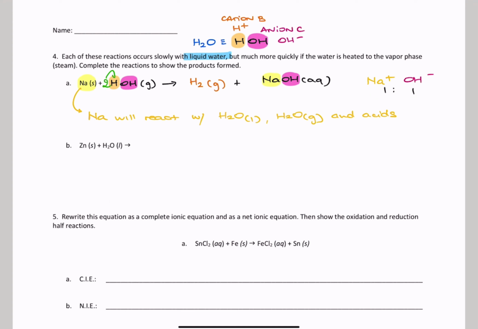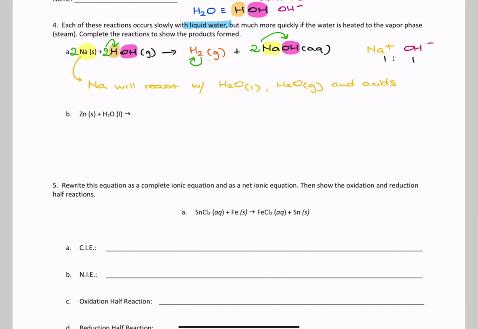So I need a 2 here to have my 2 H's. And now I place a 2 here to have my 2 OH's and a 2 here to balance my sodium. Okay, once you have written your equation, you can take away HOH and replace by H2O, but it's a good trick to balance this reaction.